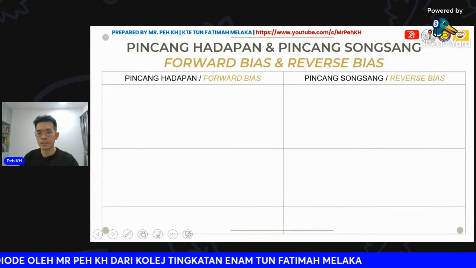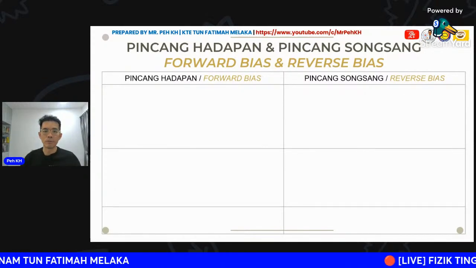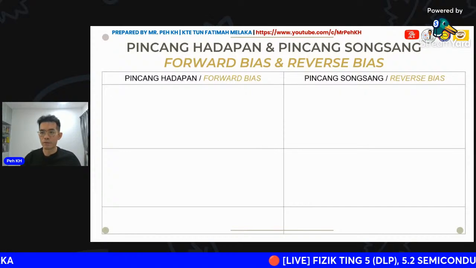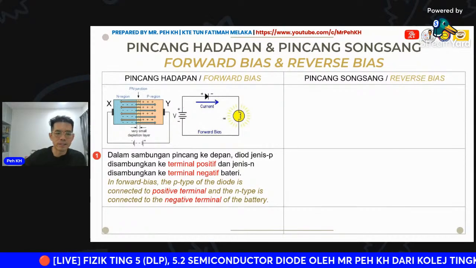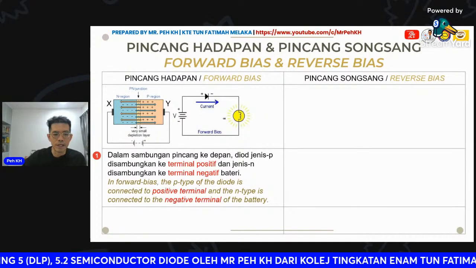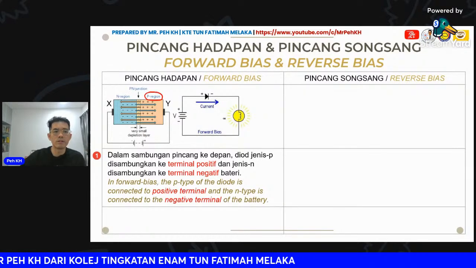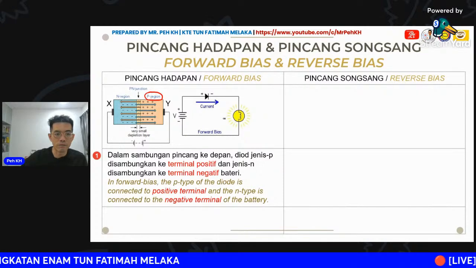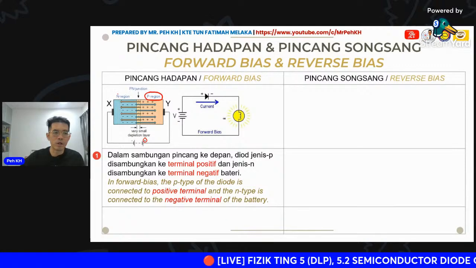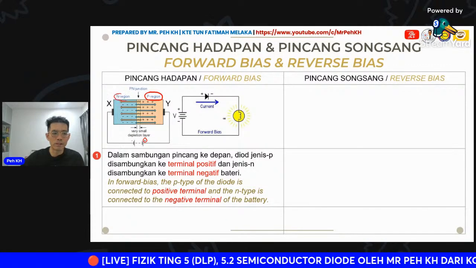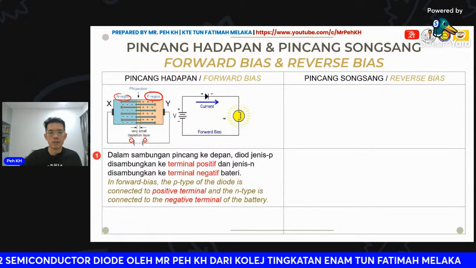So we discuss here the comparison between the forward bias and reverse bias connection of the diode. As mentioned just now, for forward bias, the p-type semiconductor of the diode will be connected to the positive terminal. So here the P region, the p-type semiconductor, will be connected to the positive terminal of the battery. Then the N region, or the n-type semiconductor, will be connected to the negative terminal of the battery.